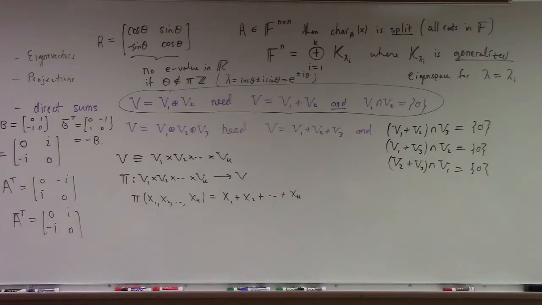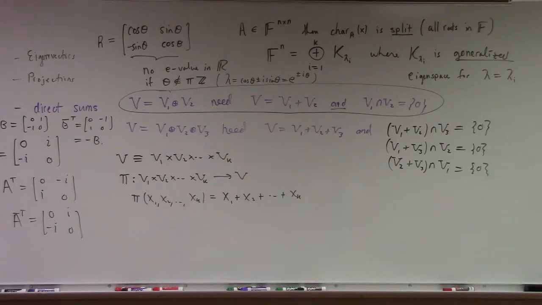Can you have a matrix over the complexes which doesn't have a split characteristic polynomial? The answer is no, you cannot, because complex polynomials always have n zeros for an nth order problem, right? This is the fundamental theorem of algebra, that a complex polynomial can be factored over the complex numbers into n solutions, possibly repeated.